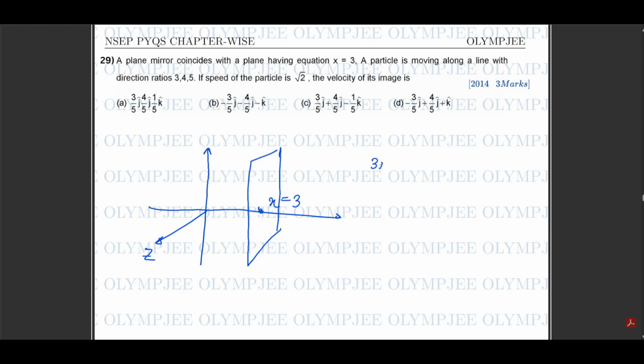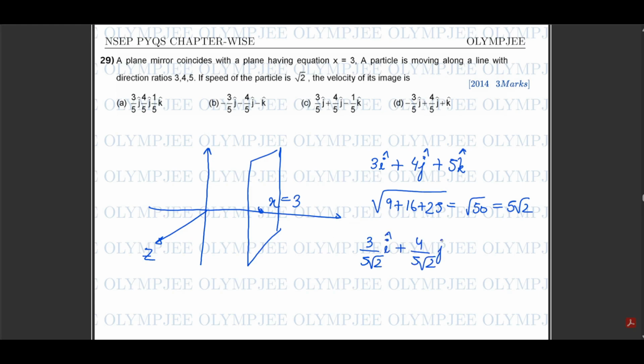If the direction ratio is this, then unit vector will be given by first we need to find the magnitude, which is 9 plus 16 plus 25, root 50, which is 5 root 2. So this will be 3i plus 4j plus 5k over 5 root 2. So this is the direction in which the particle is moving, and the magnitude of this velocity is root 2.